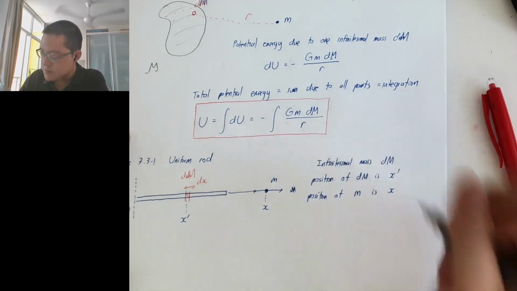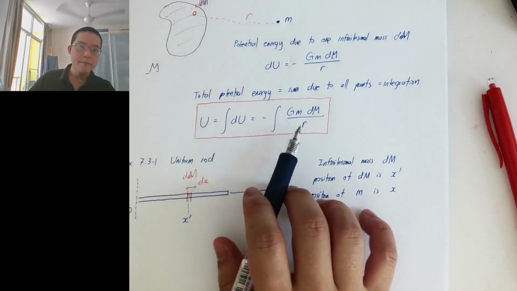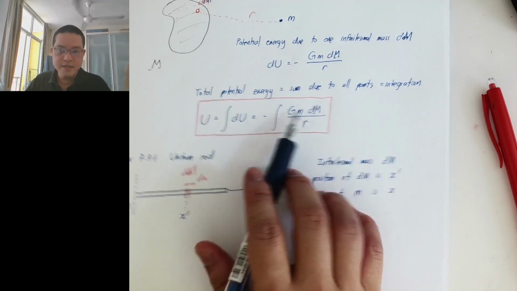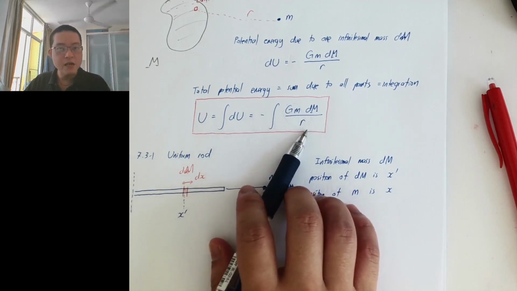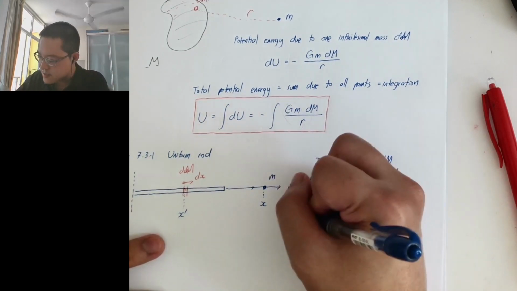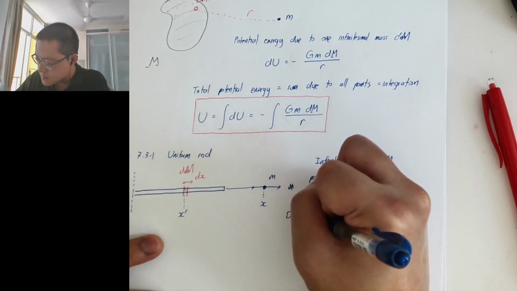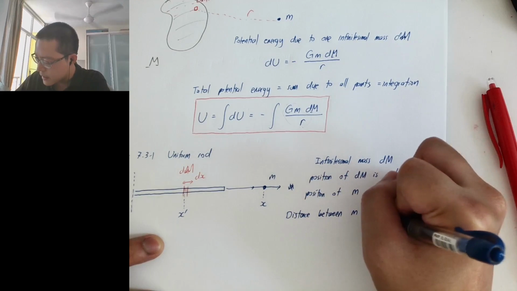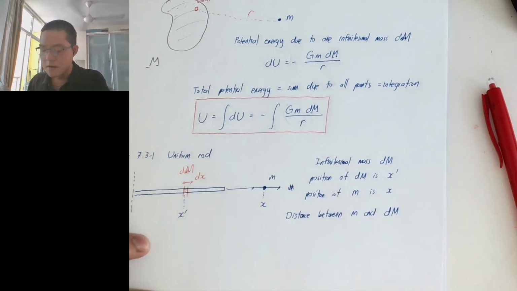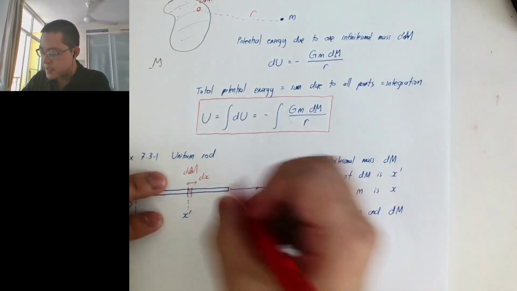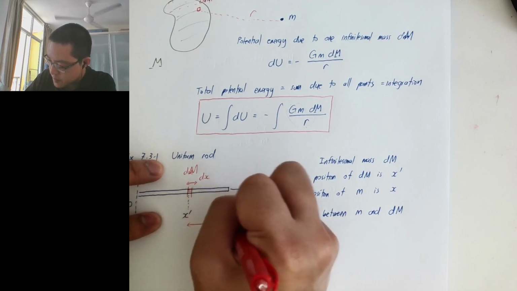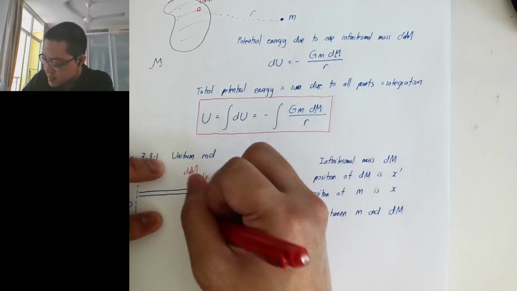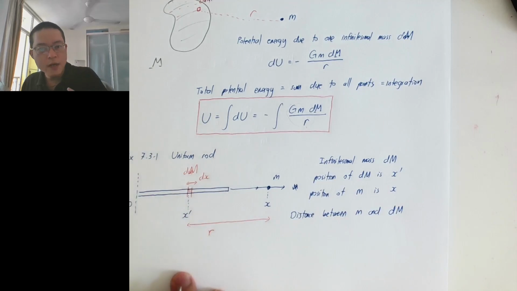I want to calculate the potential energy, so the potential energy is this formula over r. What is r? R is the distance between m and dm. So what is the distance between m and dm? It's from here to here. This is the r that I want.